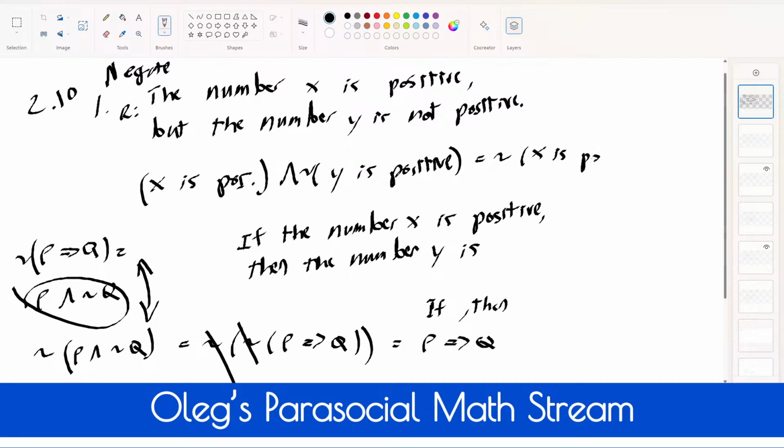X is positive. And then we're going to say implies, let's see, what was it? So yeah, this is going to be here on both. Not implies. So the not, this part disappears. Not Y is positive.